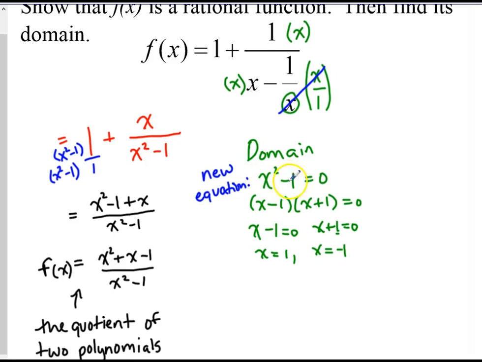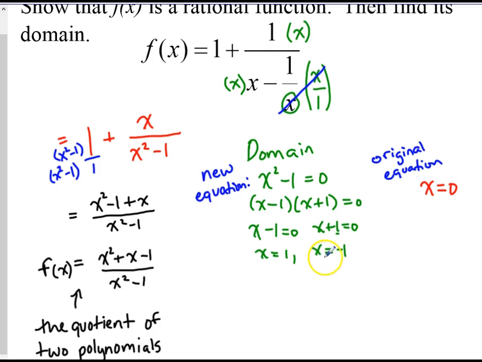In the new equation, we considered that. And then in the original equation, we had to consider that little fraction there, 1 over x. When does x equal 0? Where x equals 0. So we have these three places, at 0 and -1 and 1, that are problematic.